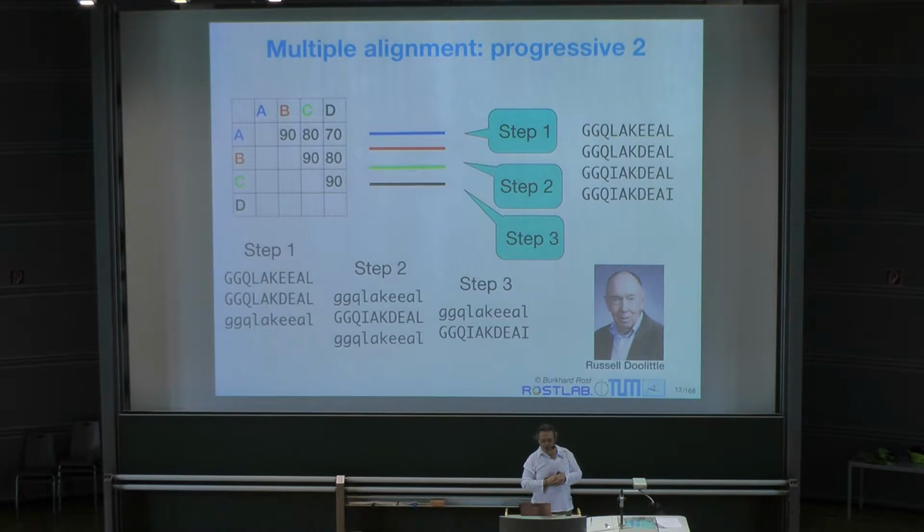Well, the simplest solution is a stepwise process in which you begin with 2. These 2 you align according to what you did before. Then you put another one in there and align it to those 2.